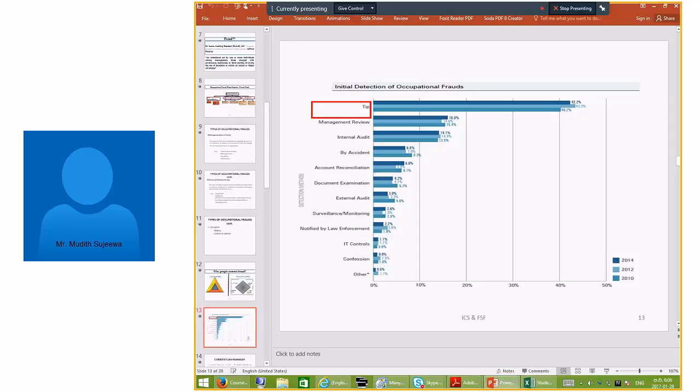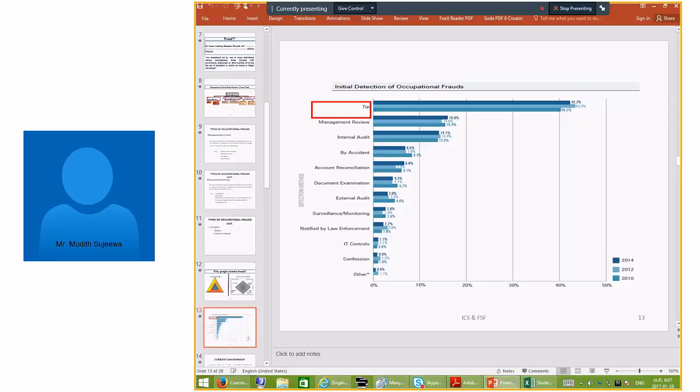Internal audits are at 14%. Then document examination, surveillance and monitoring. Then notification by law enforcement, like tax enforcement and so on, is very low, 2%, 3% like that.